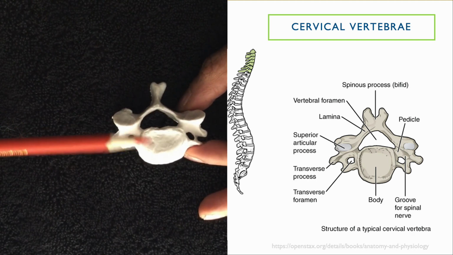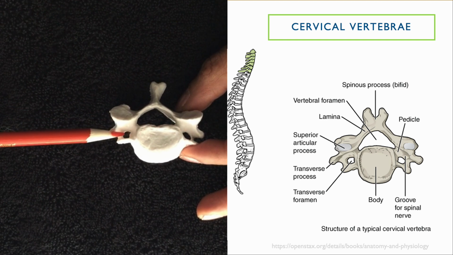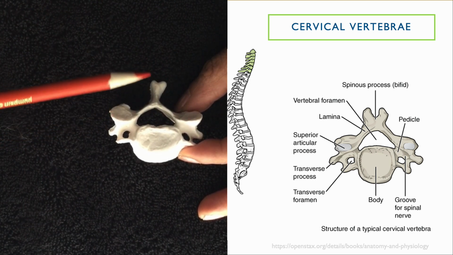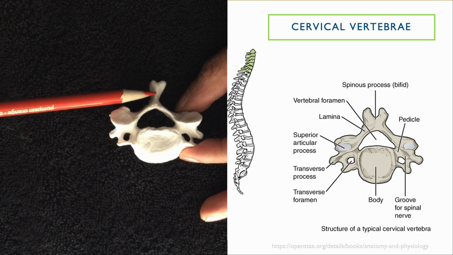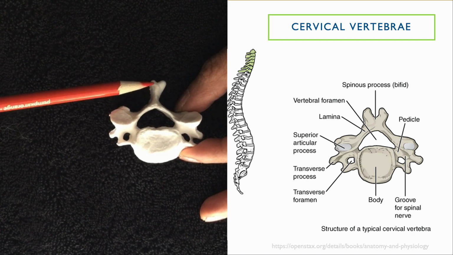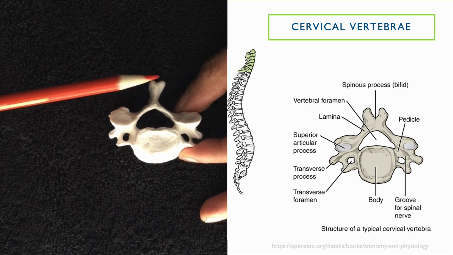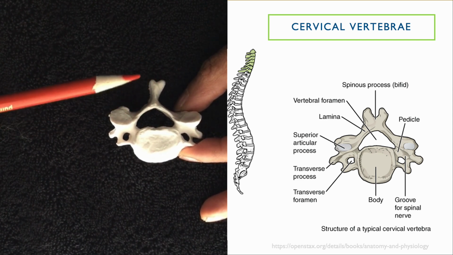And the first thing you'll notice is these tiny holes. These are the transverse foramina, and these will allow vertebral arteries to pass through and supply blood to the brain. Okay, and then you've got this bifid spinous process, sort of like a forked tail, and that's going to serve as a muscle attachment area to allow movement.